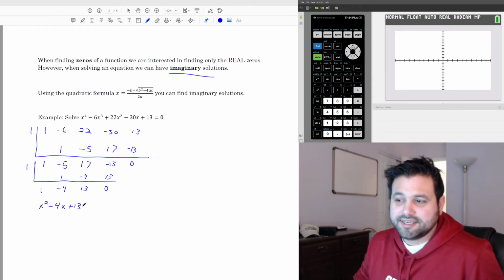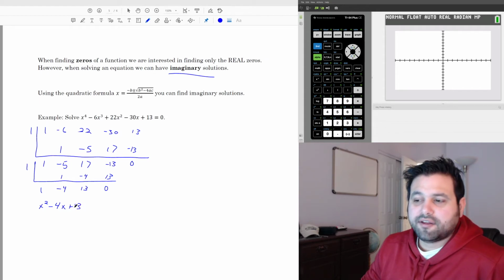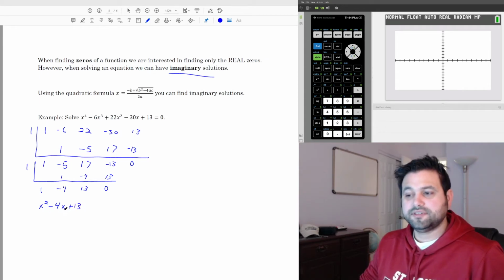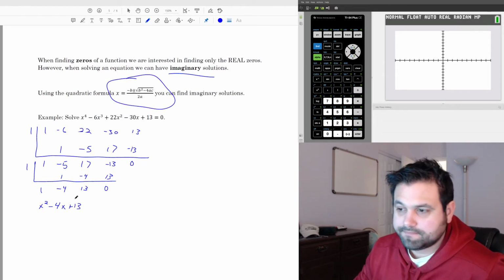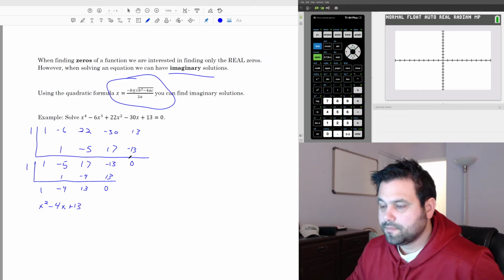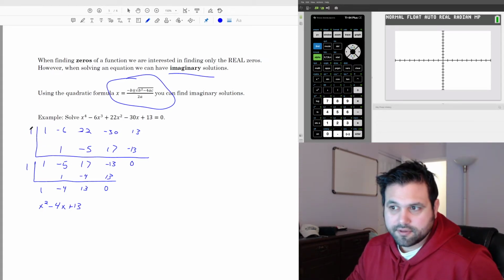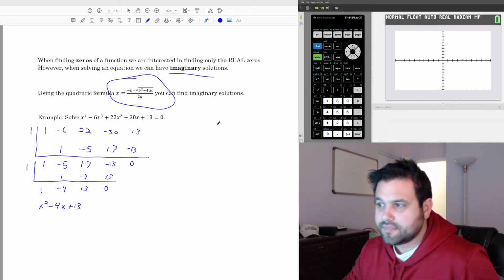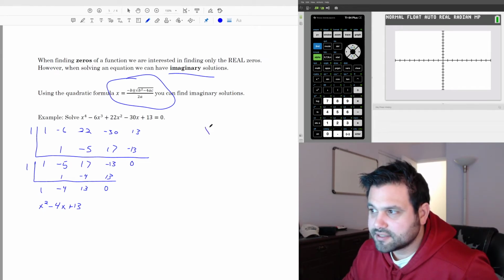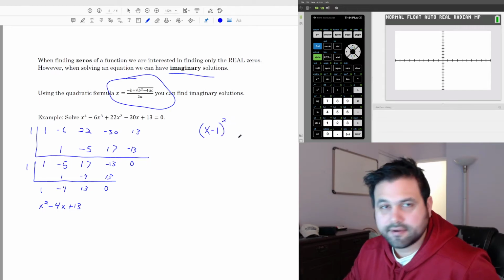Okay, and now what we can see is that there are no numbers that multiply to 13 and add to make -4. So this is where we would now use the quadratic formula. Okay, so by the way, since 1 worked twice, essentially what we have here is back to that idea of multiplicity, right? That's a multiple 0 at x equals 1. So that's kind of like saying x minus 1 squared, right?